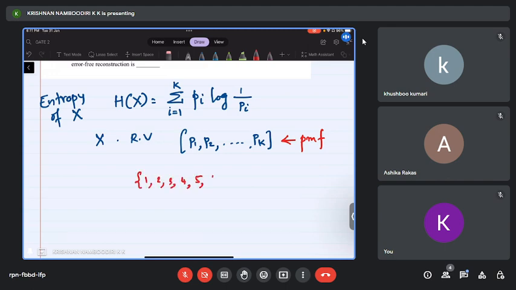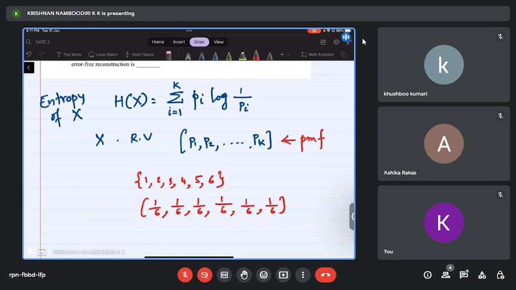Assume that the die is unbiased. In that case, the PMF will be 1 by 6, 1 by 6, 1 by 6, 1 by 6, 1 by 6. Each face will occur with probability 1 by 6.